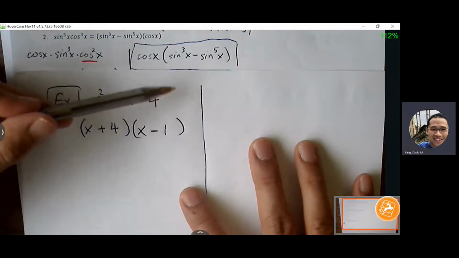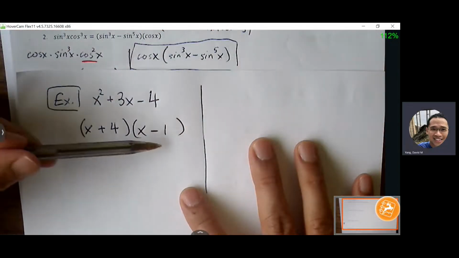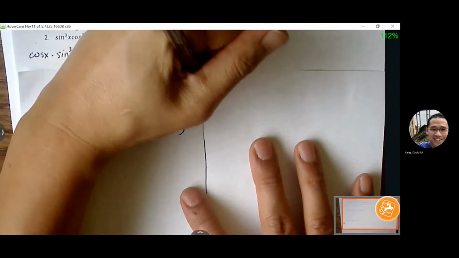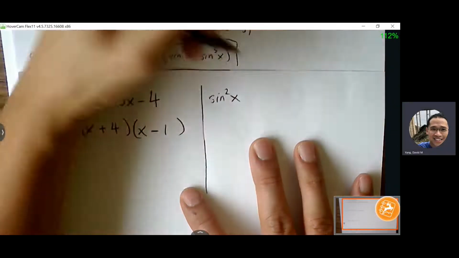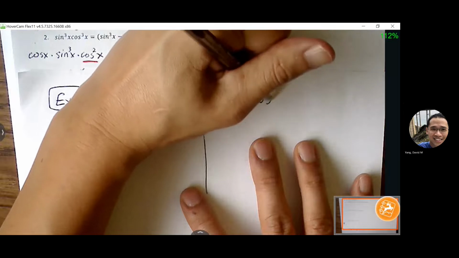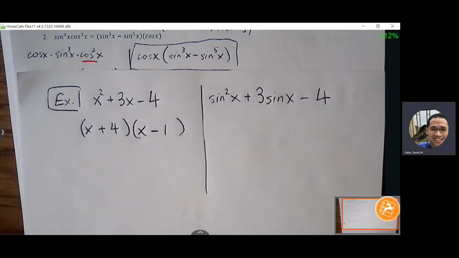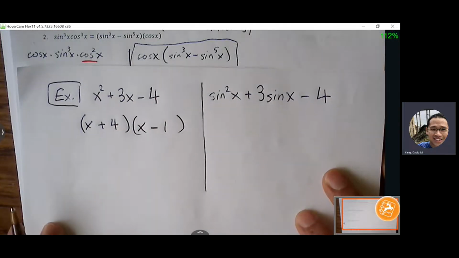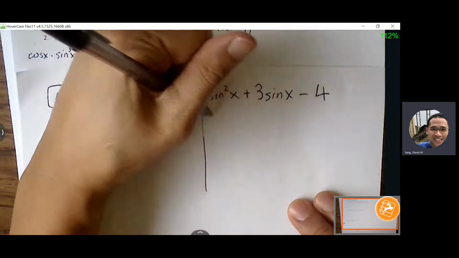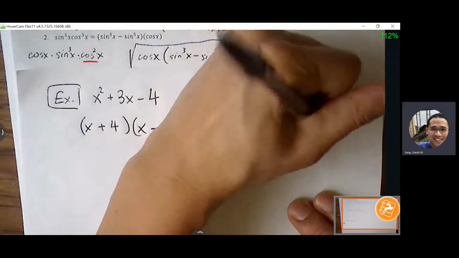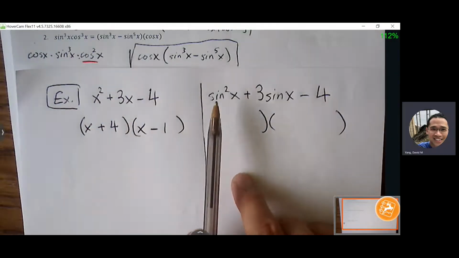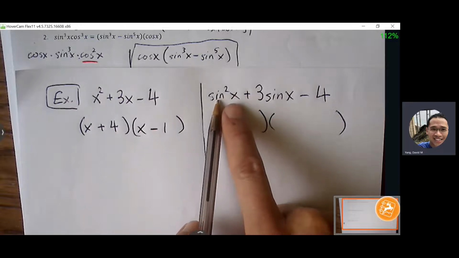I want you to apply what you just did with this next problem. If I gave you sine squared x plus 3 sine x minus 4, would this feel the same to you here? What can I break that sine squared into?